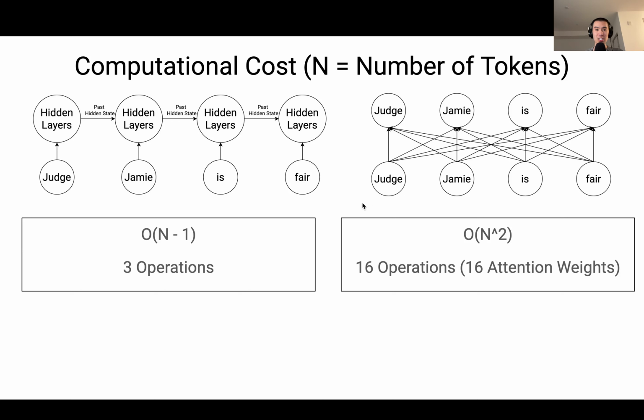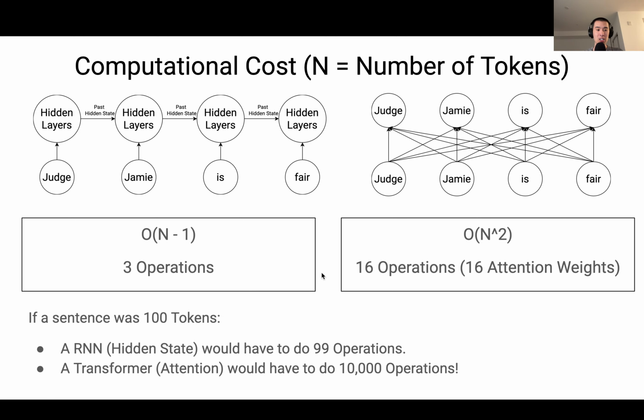So as you can already see, attention has a way higher computational cost than hidden state, 16 compared to 3 operations. And if the tokens in the sentence get even higher, like 100 tokens, a RNN would have to do 99 operations, and a transformer would have to do 10,000 operations, right? 100 squared.